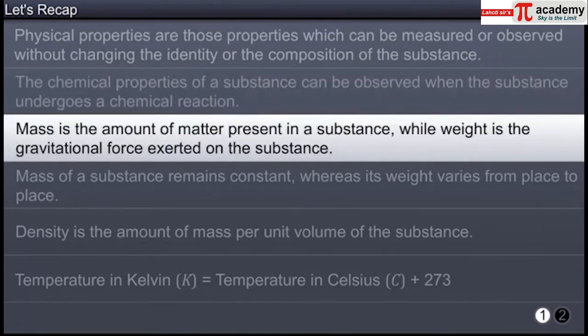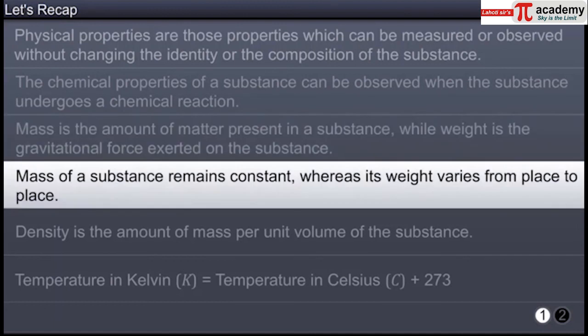Mass is the amount of matter present in a substance, while weight is the gravitational force exerted on the substance. Mass of a substance remains constant, whereas its weight varies from place to place.